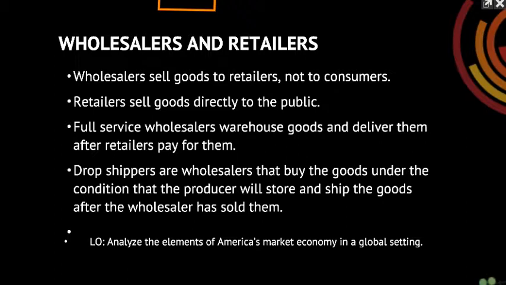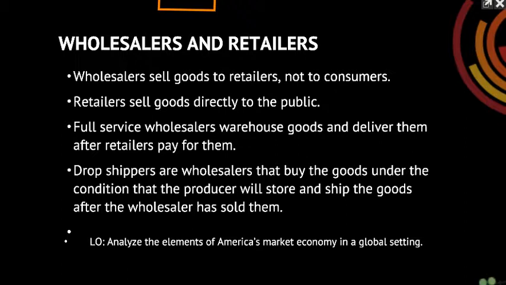Now, of course, there are actually some retail establishments that work on a drop shipping basis as well. The same concept applies: when the consumer places the order, the producer ships directly to the consumer, so the retailer never actually has to store any inventory.